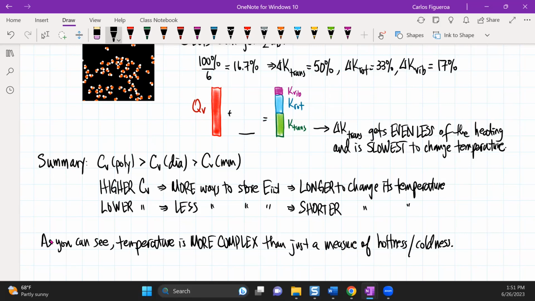Temperature gets complicated. In fact, it gets a lot more complicated. So let's say that you're in the know. Maybe you've had some chemistry background.